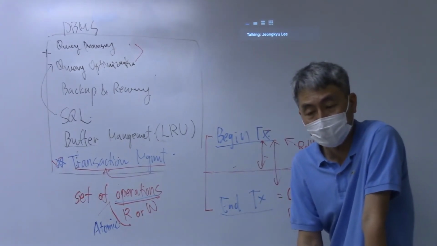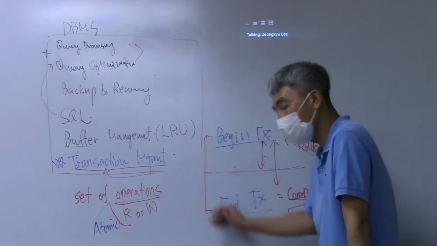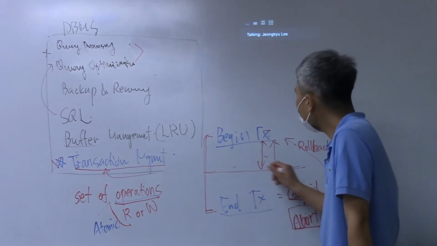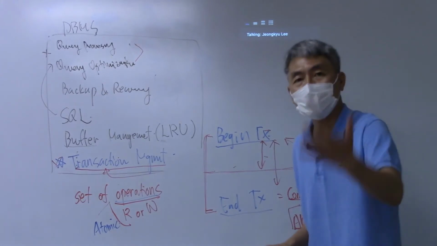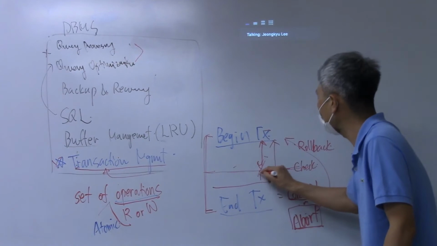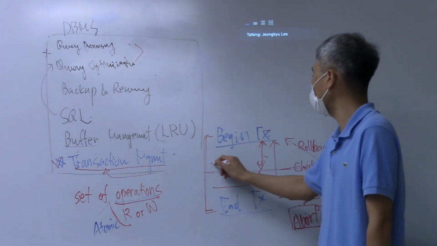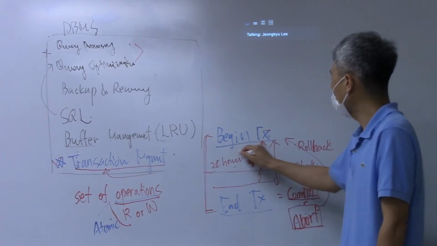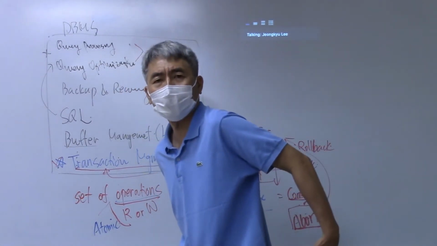Okay? However, if your transaction is very long, you can checkpoint. Checkpoint means it's a partial commit. So up to this one is committed. The reason is that if you have a transaction with 24 hours running time, all changes you need to keep as a log.